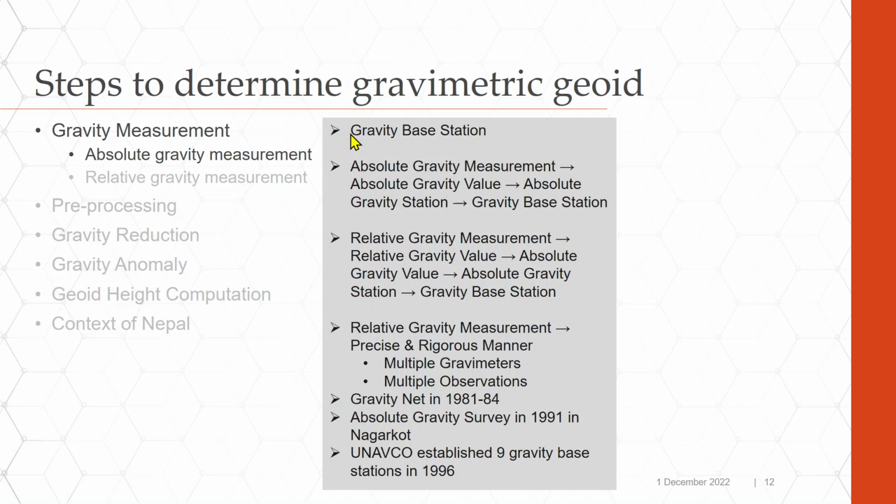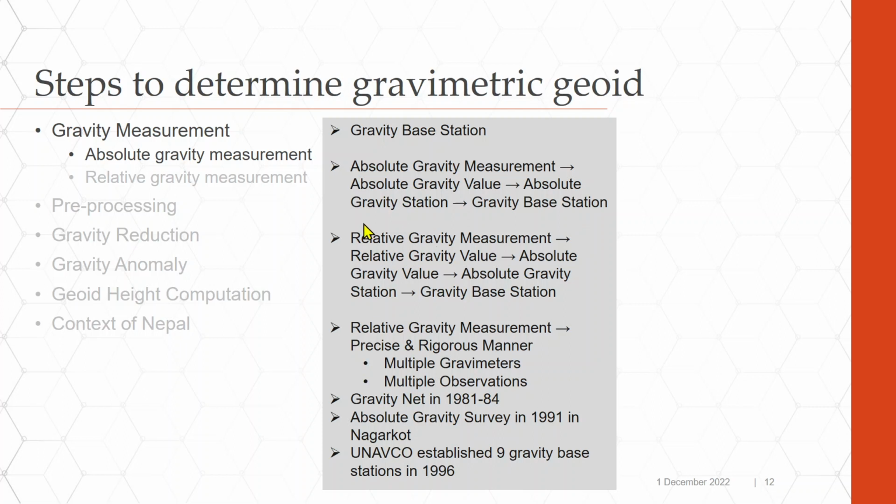The main purpose of absolute gravity measurement is to establish a gravity base station. Gravity base stations can be established either by absolute gravity measurement or by relative gravity measurement. The output of absolute gravity measurement is an absolute gravity value, and such a station is called an absolute gravity station, and such a station serves as a gravity base station.